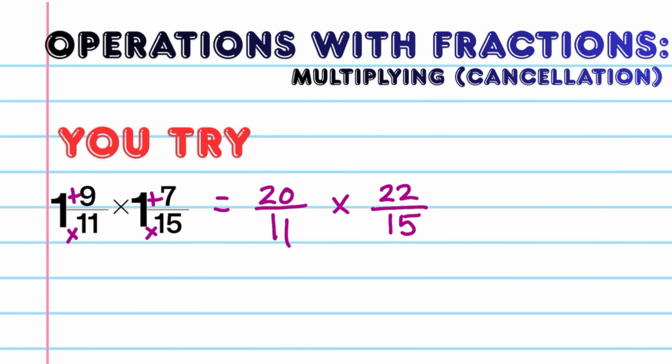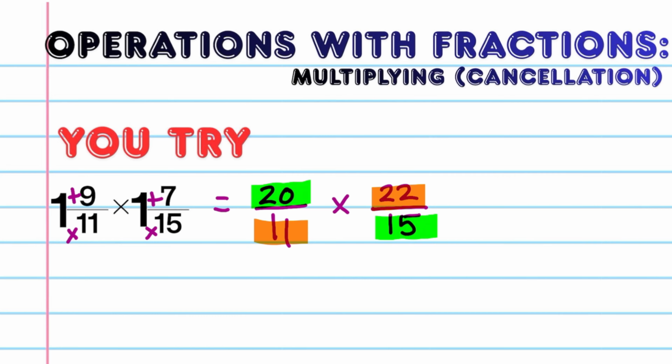So this is what I'm multiplying right now. So I'm going to now look at the diagonals and find the GCF. My diagonal here is 20 and 15. And then my other diagonal is 11 and 22. So now when we're looking at our diagonals, what is the greatest common factor between 20 and 15? The greatest common factor is 5.